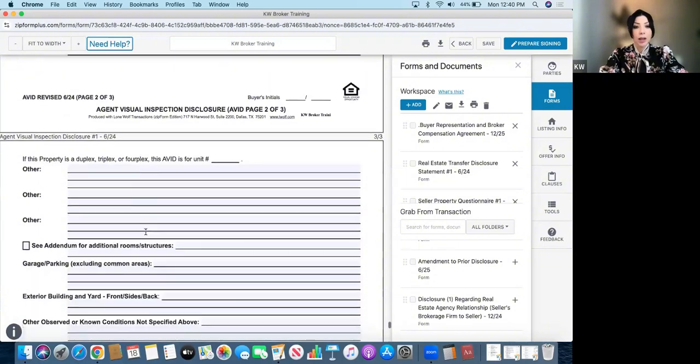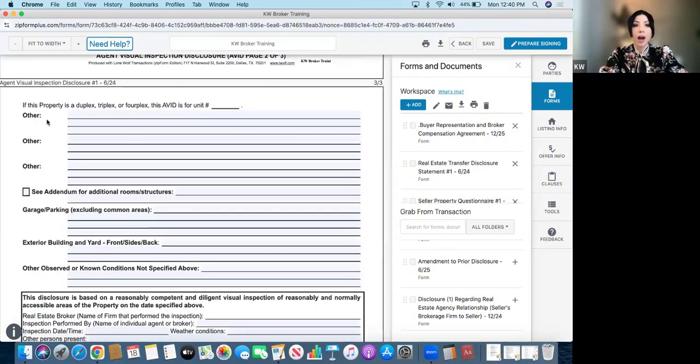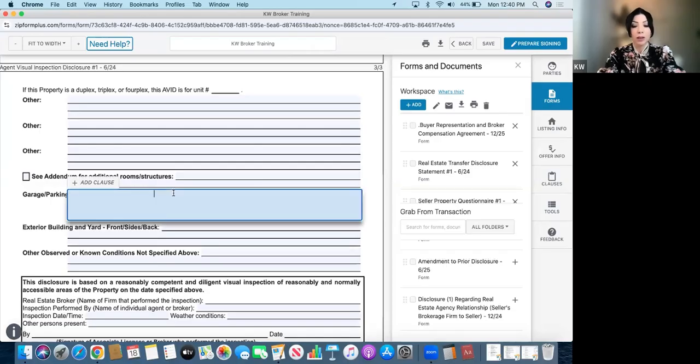Okay. And then if there's any other particular areas, you can mark here. If there was an additional room or structure, say there's an ADU or something attached to the back, then you can add that here. Garage or parking, put water heater in garage.